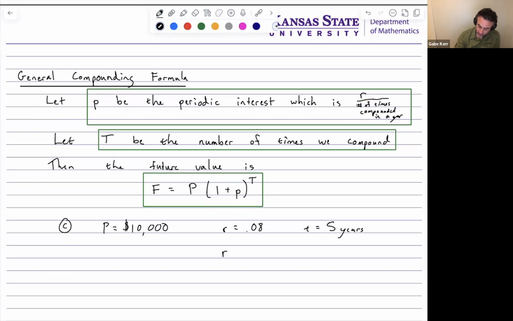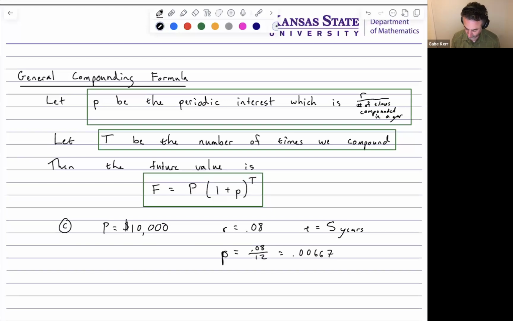So that is going to be p equaling 0.08 divided by 12, which is essentially 2/3 times 0.01, about 0.00667, with the 6s going on and on.